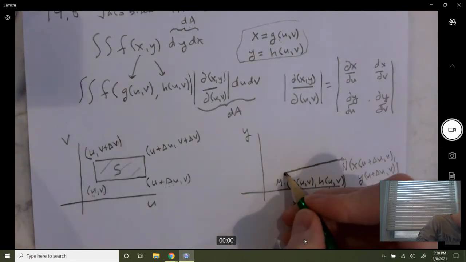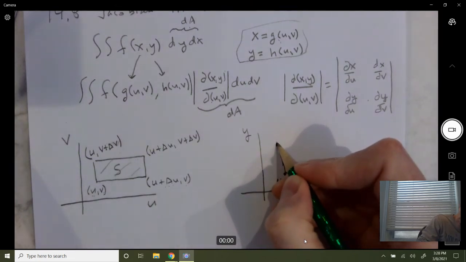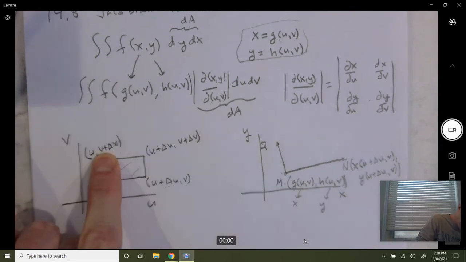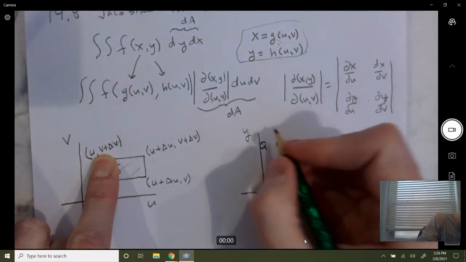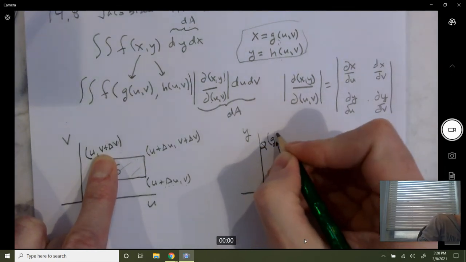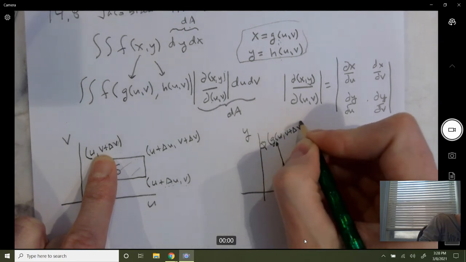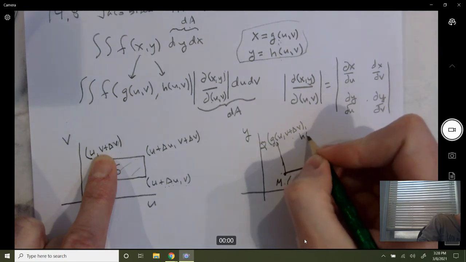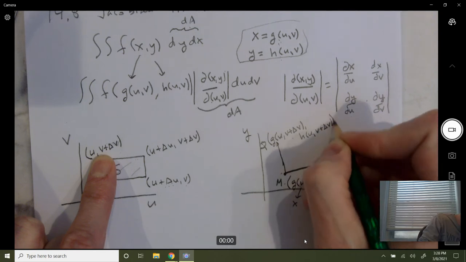Now we're going to do the same thing over here. This is going to go to a point, let's call this point Q. We're plugging this point into the g and h functions, your x and y values. So this is going to be g of u, comma, v plus delta v, comma, h of u, comma, v plus delta v.